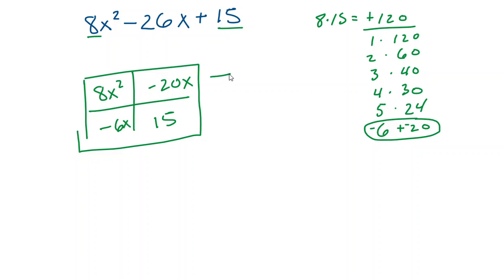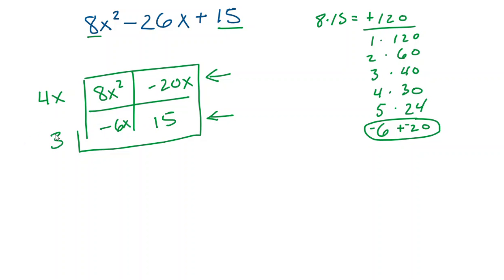Well, 8 is 4 times 2, 20 is 4 times 5. So they have a common factor of 4, and then they both have at least one x, so 4x. The second one, 15 and negative 6x, they're both divisible by 3, right? 3 times 2 is 6, 3 times 5 is 15, so this is just 3.